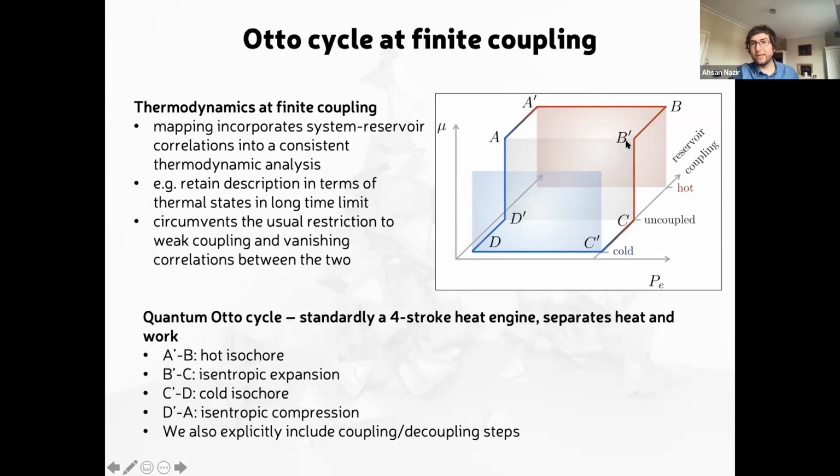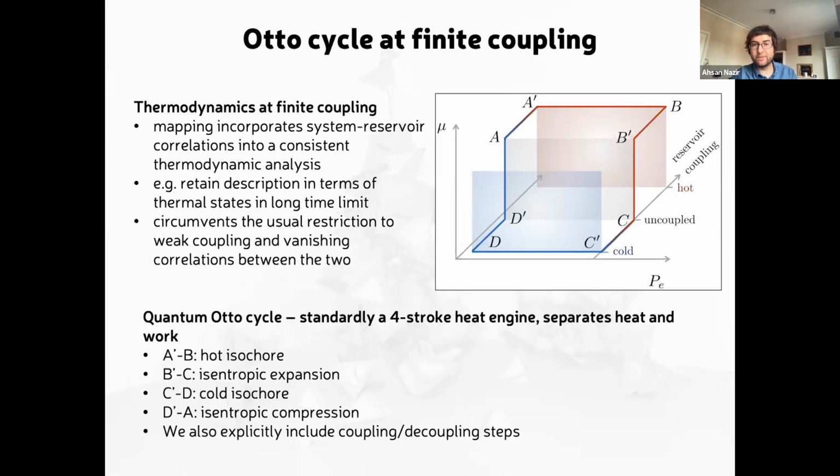From B prime to C, the system is not coupled to any environment, and that's an isentropic expansion stroke. At point C, we couple to the cold environment, again, including any energetic contributions due to the coupling if they exist. And then from C primed to D, it's the cold isochore stroke. And so the system exchanges energy with the cold bath.